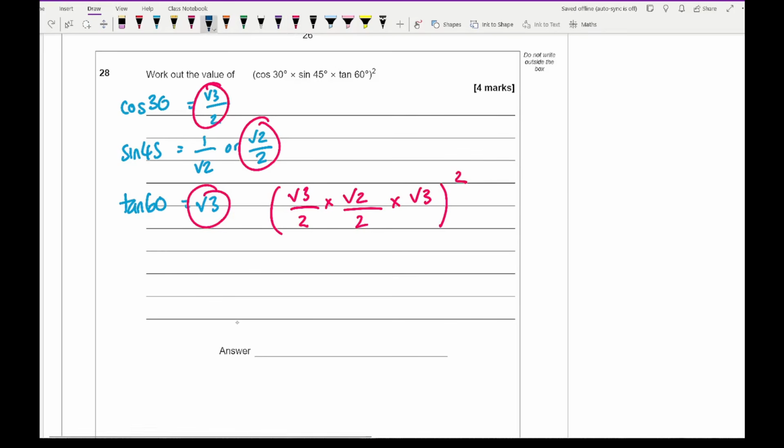So then looking at this and simplifying, well, root 3 times root 2 is root 6 times root 3 is root 18. 2 over 2 is 4. And then what we want to do is square that. Well, root 18 squared is just going to be 18. And then that becomes 16. So simplifying that, we get 9 over 8. And there is my final answer.